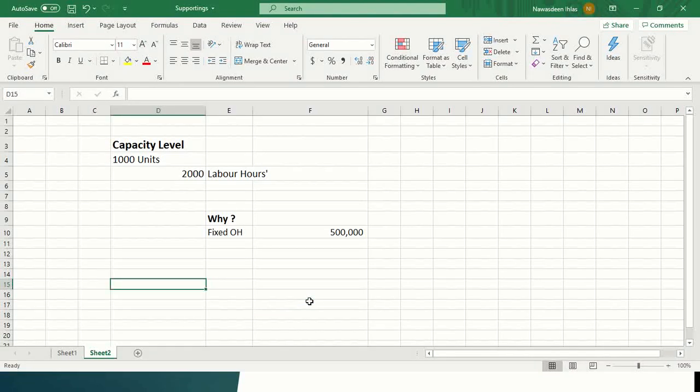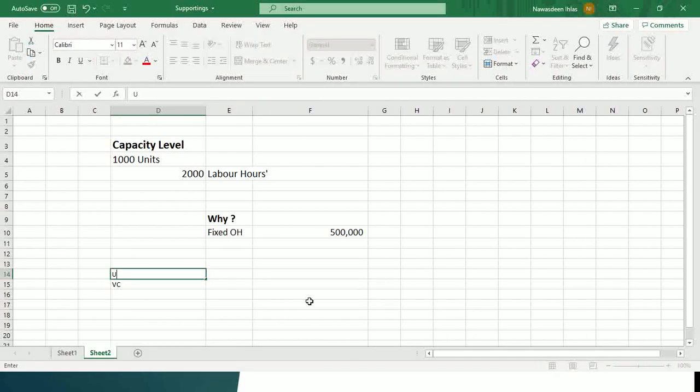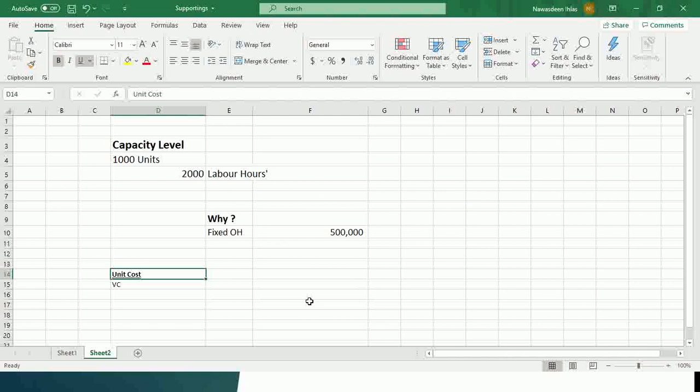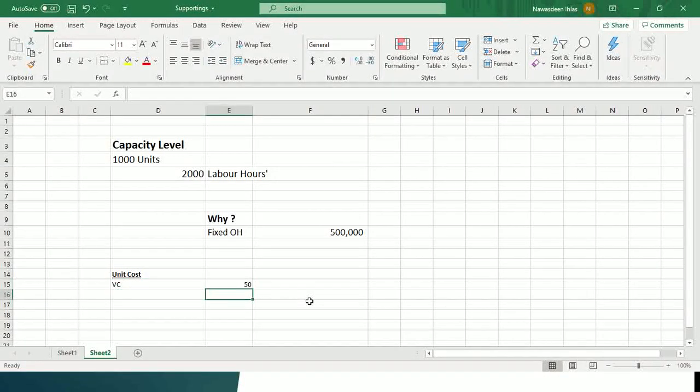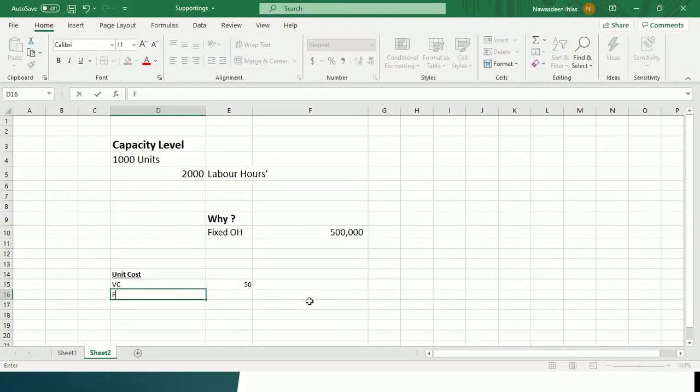For that purpose, they will identify the variable cost for that particular product. Let's say variable cost is 50. Then they want to find what fixed overhead we can absorb.